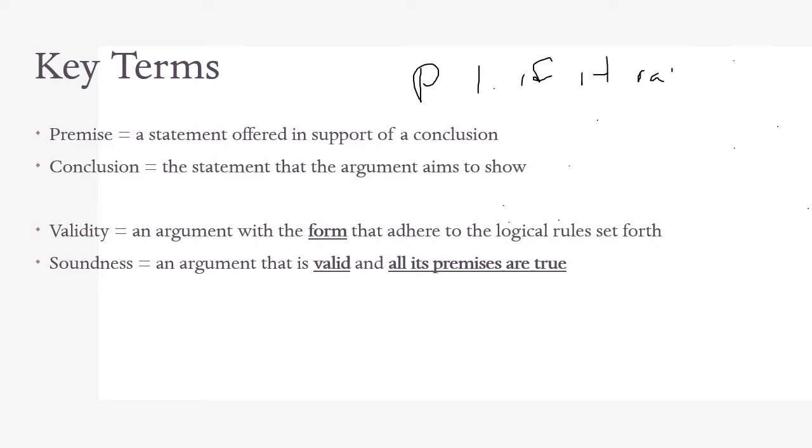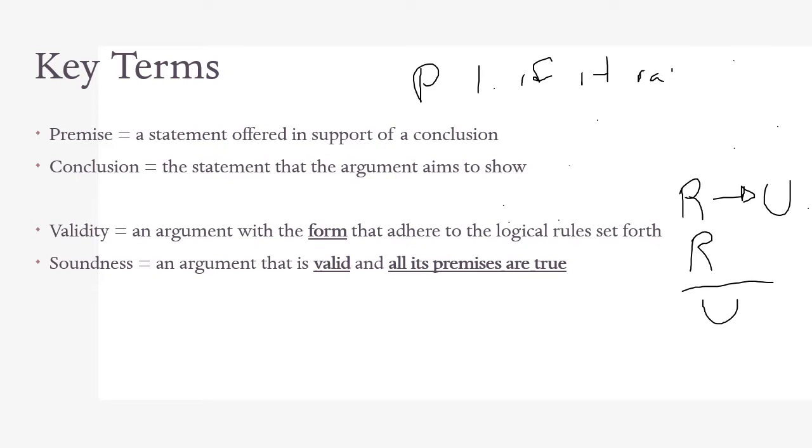One of the most basic examples that we'll see in this course is, if something happens, then another thing happens. The first thing happened, so this other thing that follows from it must also happen.